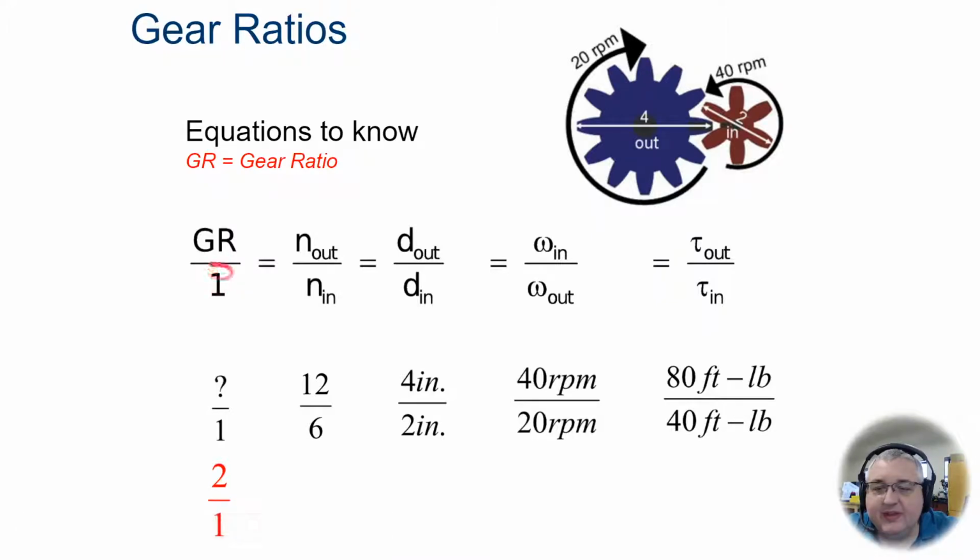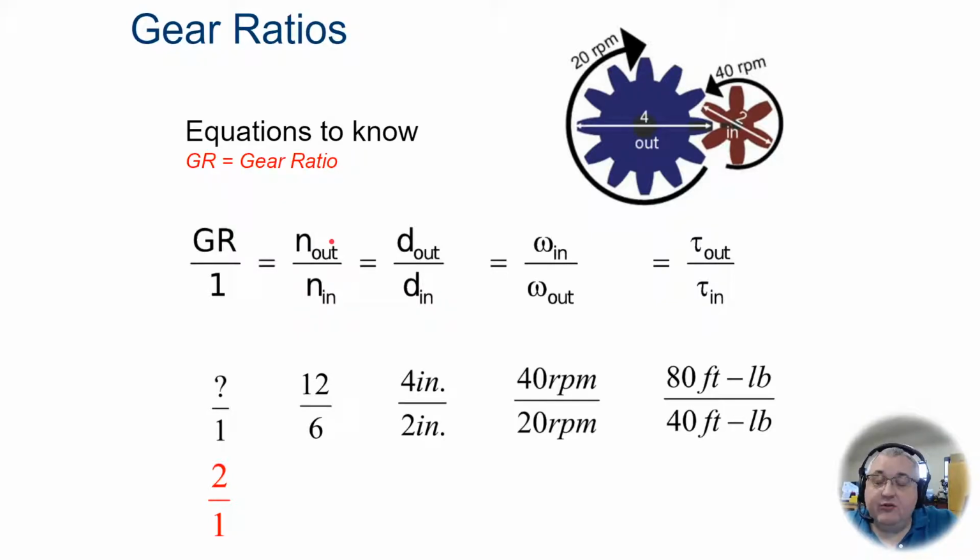If you want to think that's not there at all, and just say gear ratio is equal to each of these things, that's fine. But some people wrap their head around it more mathematically. I can always divide anything by 1 without any consequences, because anything divided by 1 is itself. So I'm not changing it. I can think of this as GR over 1, or just GR.